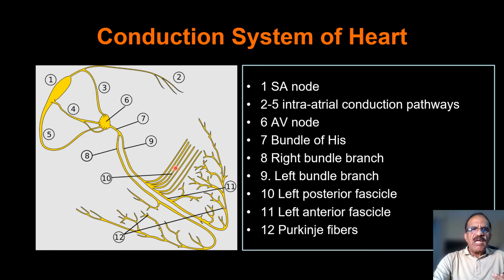Then there's another one, which is just a bunch of fibers that goes backward, and this is the left posterior fascicle. So block can be in this branch anywhere, or block can be in this bunch of posterior fascicle. Let's see if we can identify on ECG if there is any block in any of these fascicles.